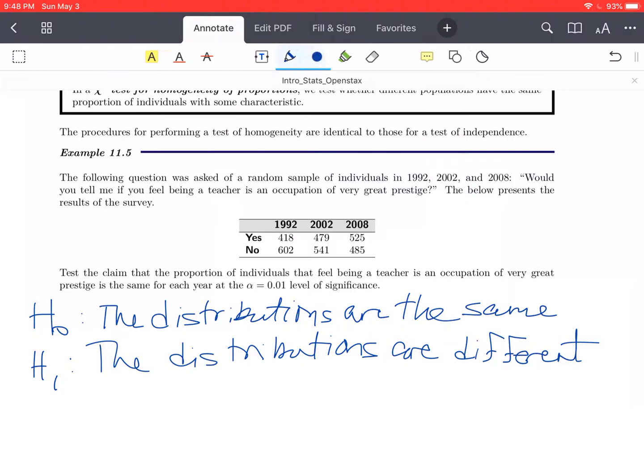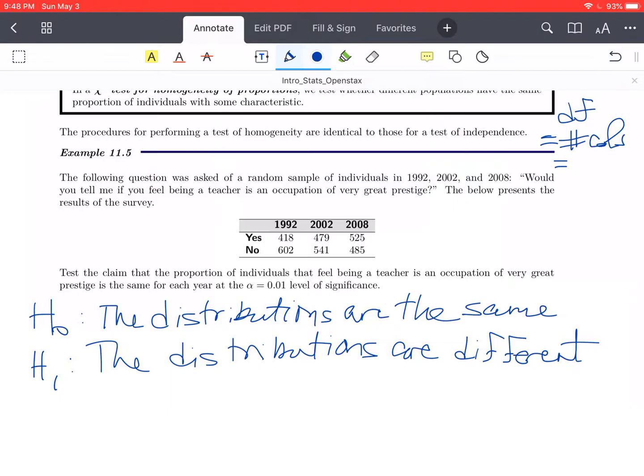So degrees of freedom in this case. With this one, we're going to do the number of columns minus 1.